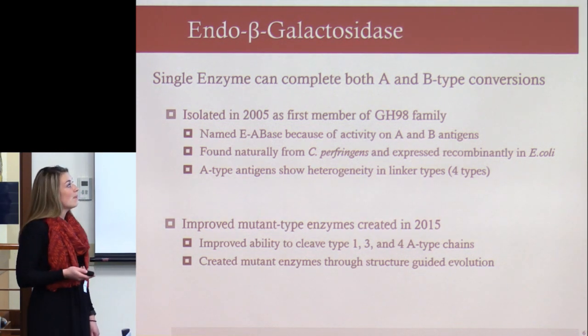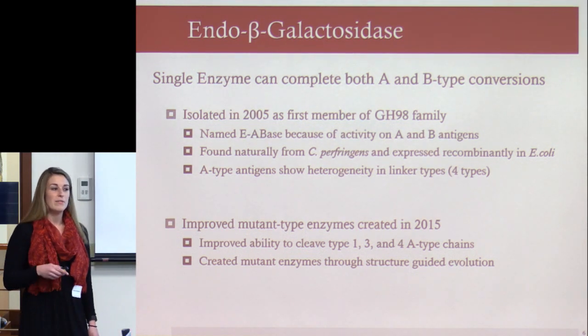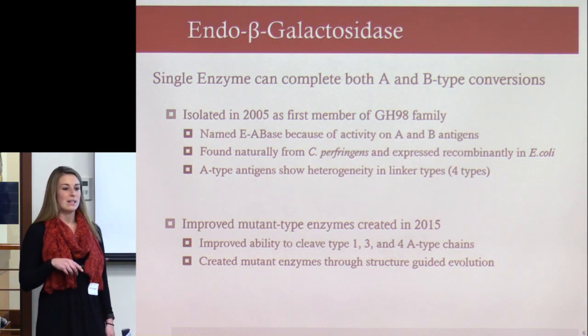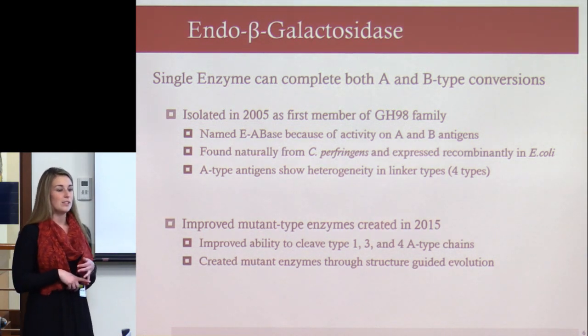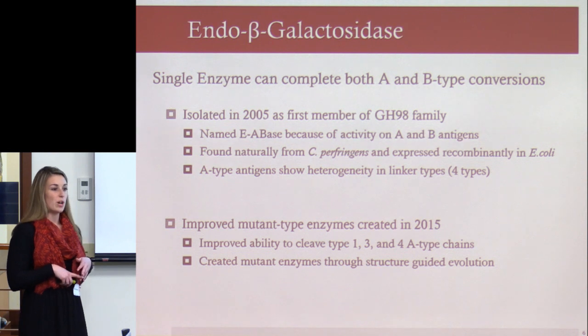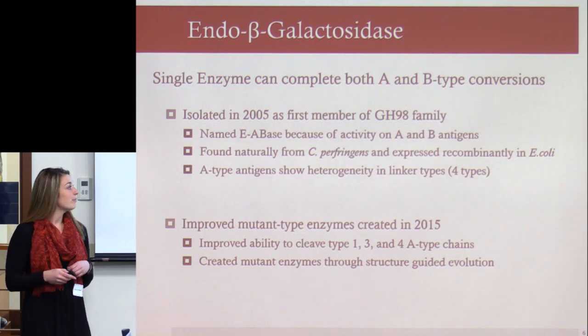just to generate more specific levels of the enzyme. So basically how this one works, it can cleave all of the B antigens, but because A antigens are slightly different, there are 4 different types of linkers on the antigens, so the cleaving is a little bit more complicated. So when the enzyme was originally discovered, it was unable to cleave all 4 types of A antigens.